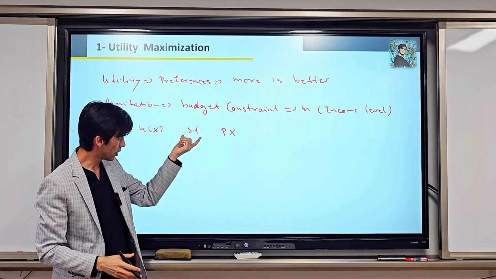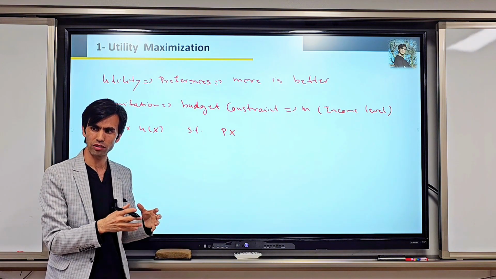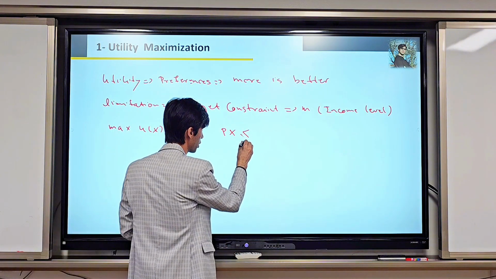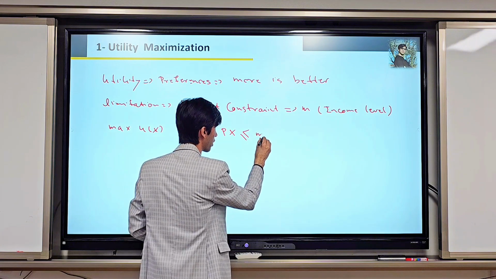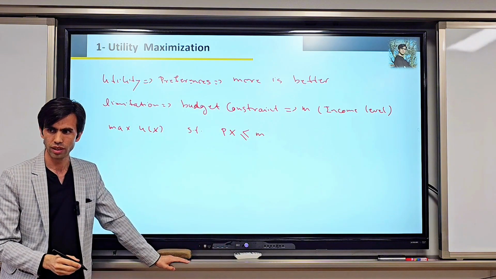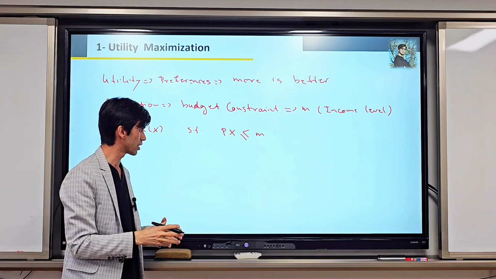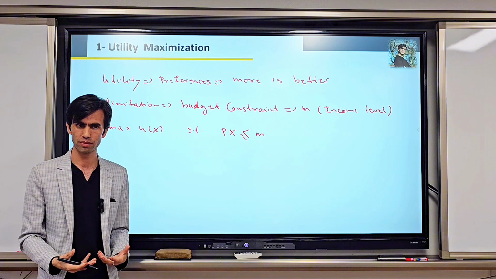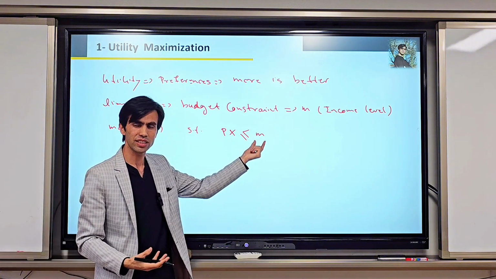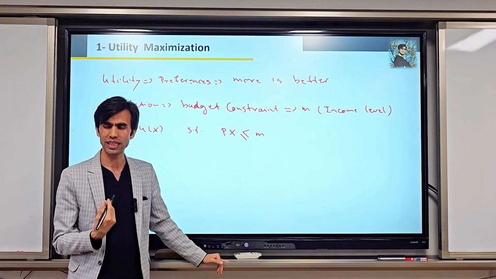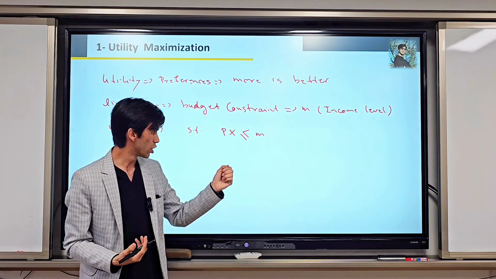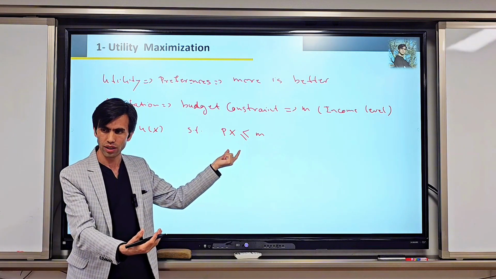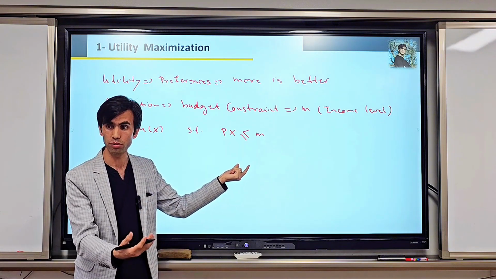The amount of budget that we spend should satisfy this condition: it should be less than or equal to our income level. In an easy way, we cannot consume more than what we have. Income is the thing that you have, consumption is the thing that you want. So you either consume less than what you have or equal to what you have, not more than that.